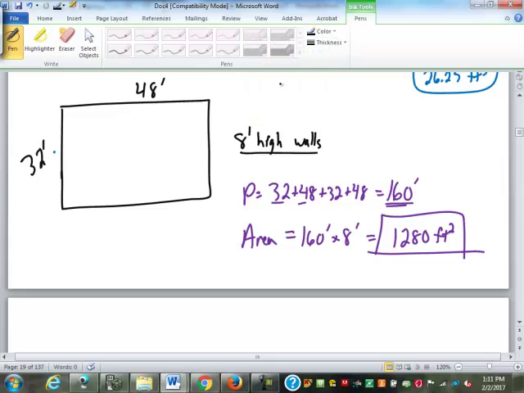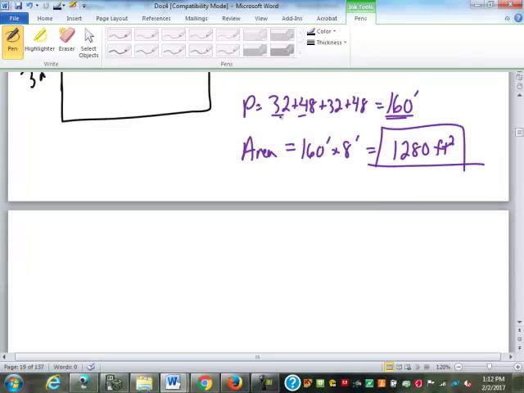I am going to use standard modular 8 by 4 by 12 inch block.